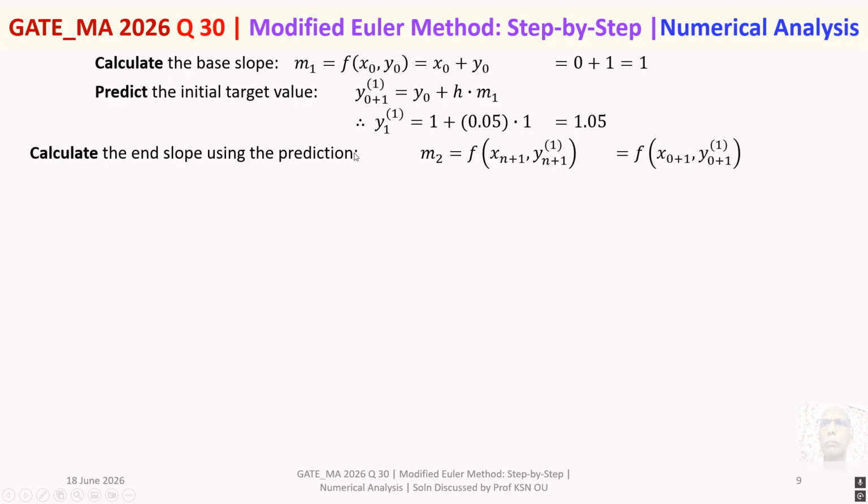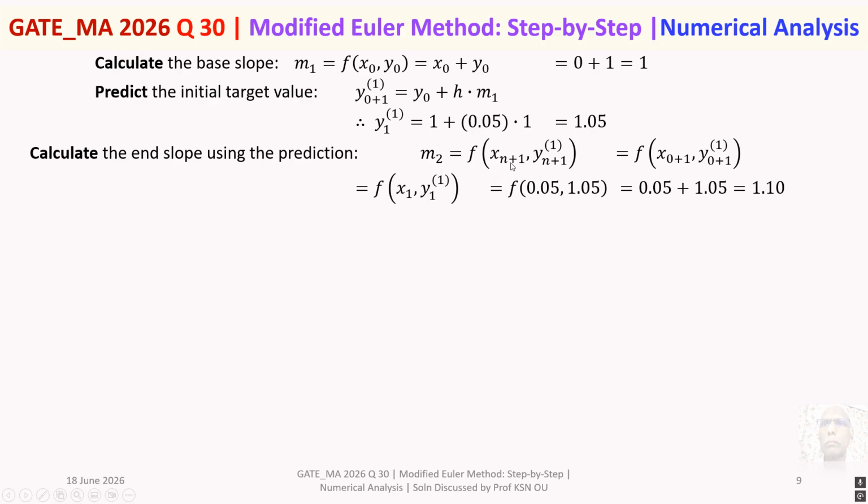Right. Now calculate the end slope using the above prediction, and that is m2 is f of x(n+1) comma y(n+1) superscript 1, that is the prediction. And n is running on 0. So f of x(0+1) comma y(0+1) superscript 1, and that is f of x1 comma y1 superscript 1.